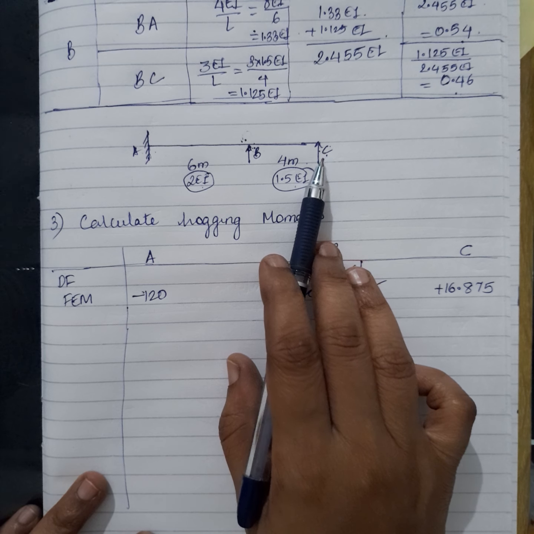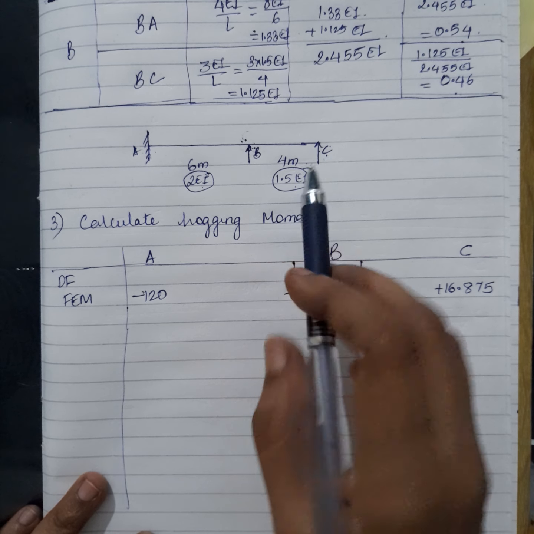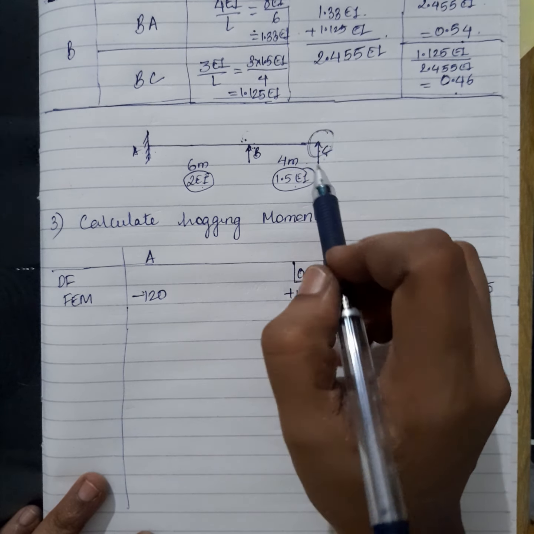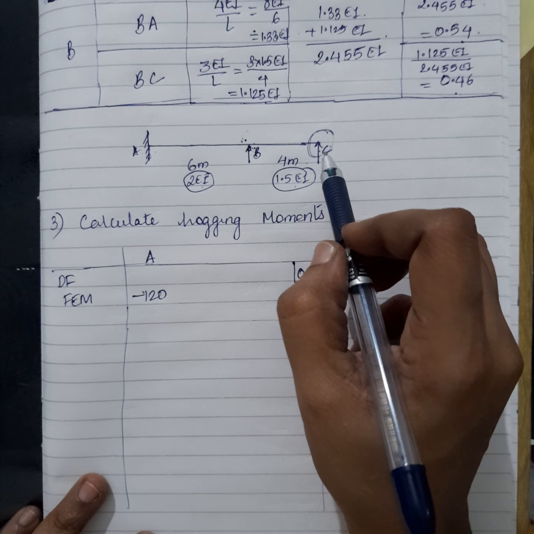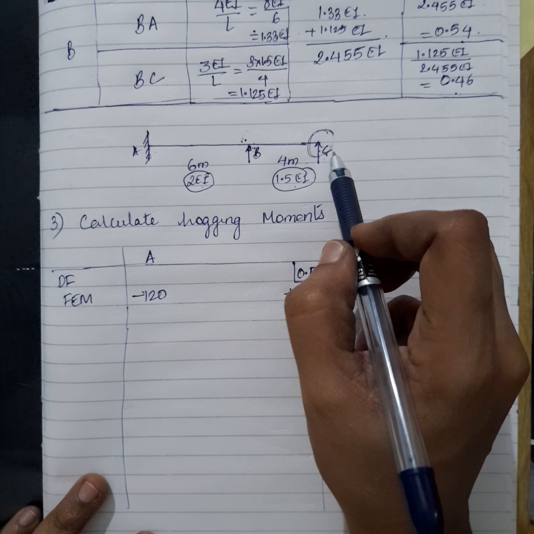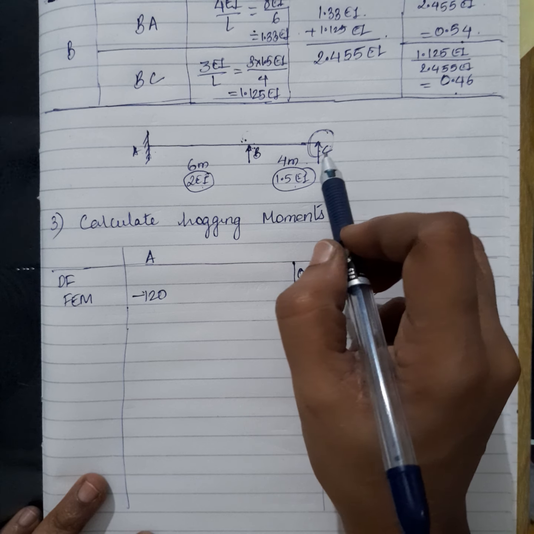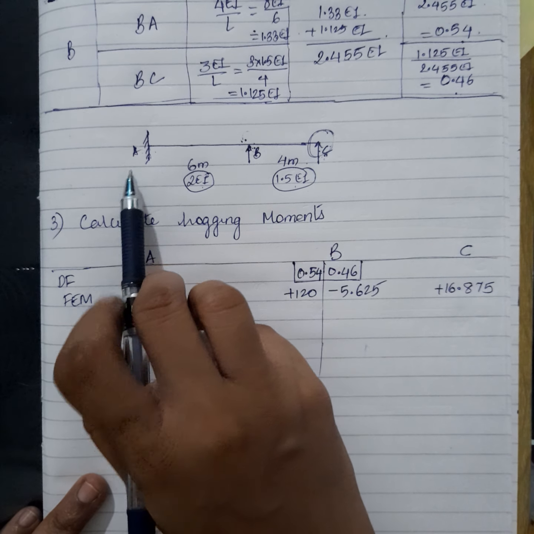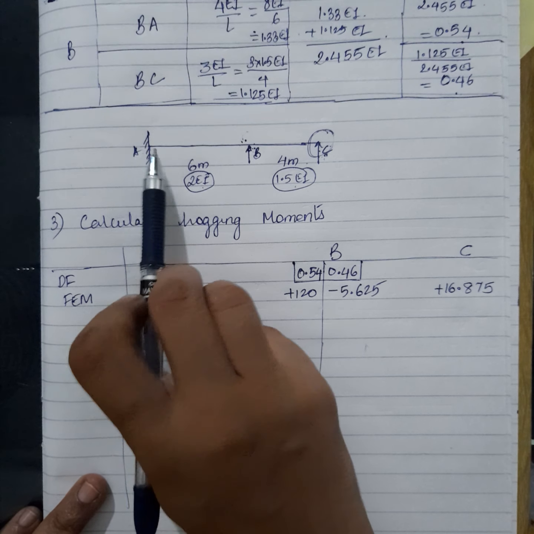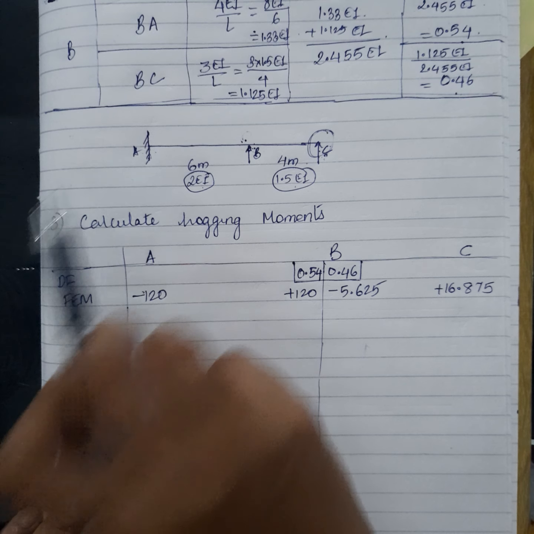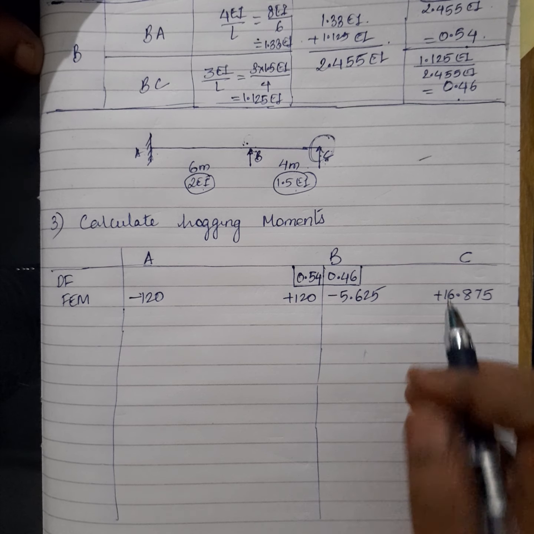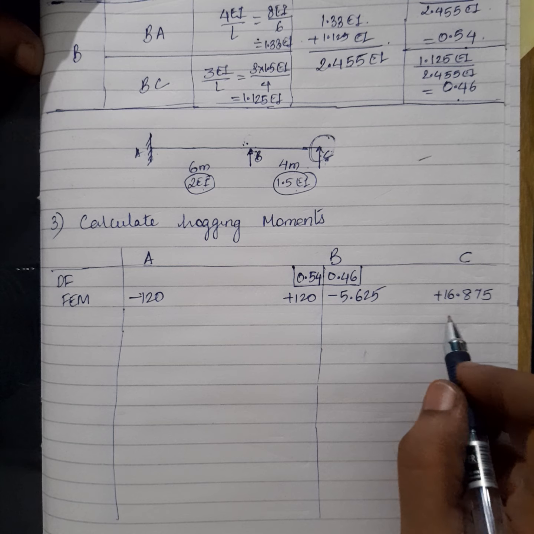Joint C is simply supported, so this joint will not carry any moment. So what we have to do? We have to release this joint, whereas joint A will carry some moment because of this fixity.